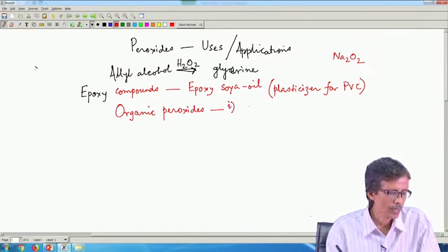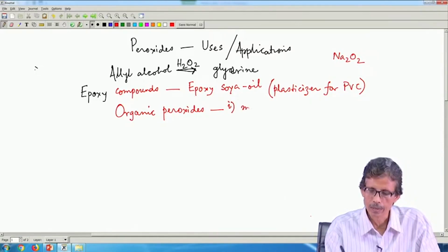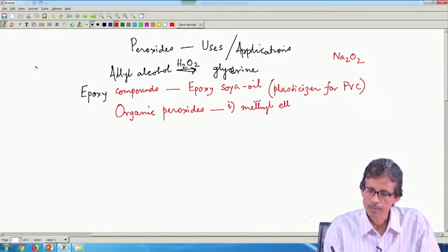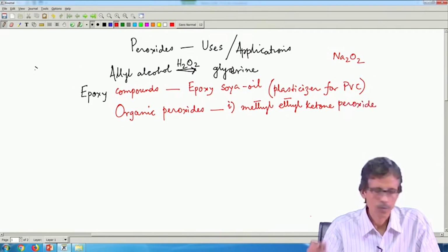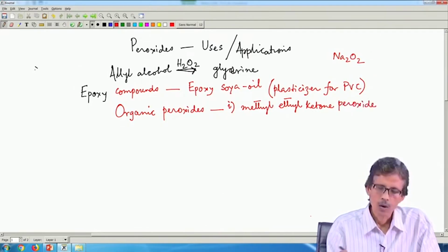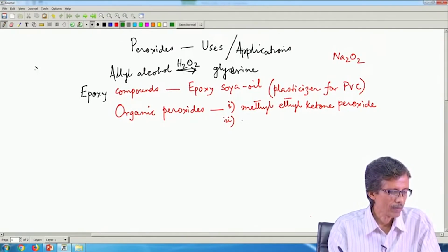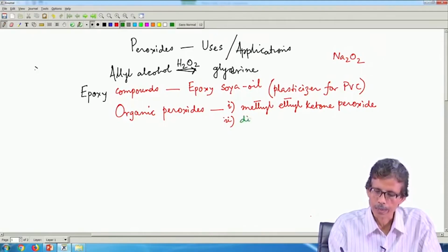One such is methyl ethyl ketone peroxide, or the second one, dibenzoyl peroxide.